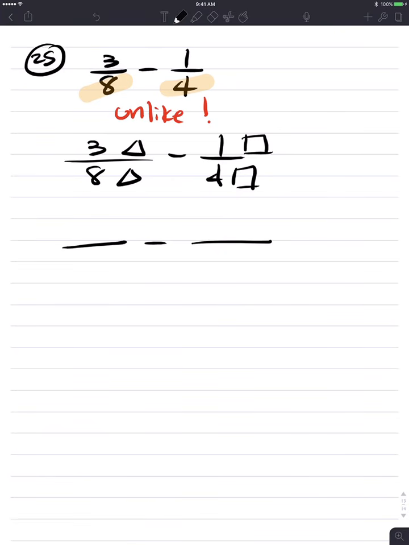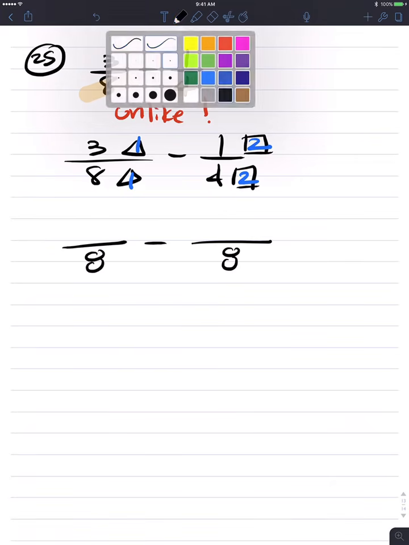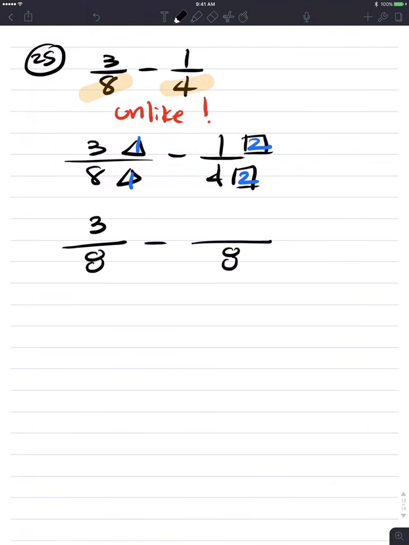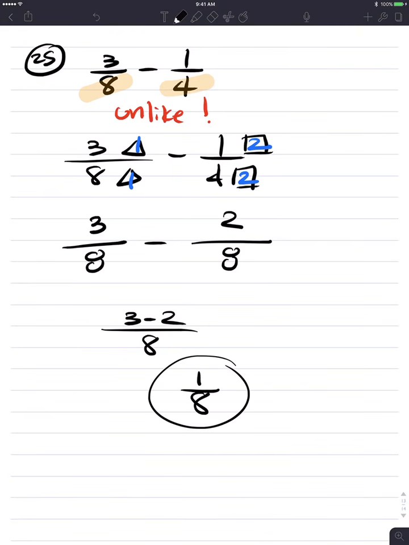So I'm going to have to go through my setup and determine the LCM of 8 and 4, and that's 8. Eight times 1 gives us 8, and 4 times 2 gives us 8. So 3 times 1 is 3, 1 times 2 is 2. We find 3 minus 2 over 8, which gives us 1/8. We're done.